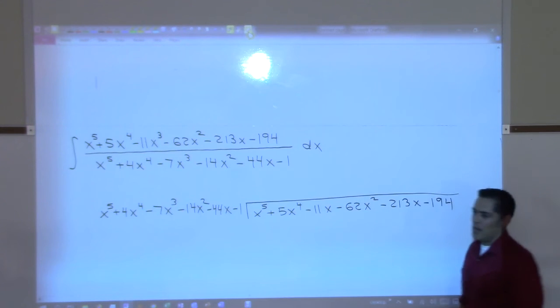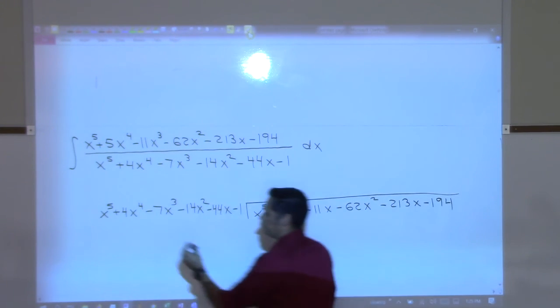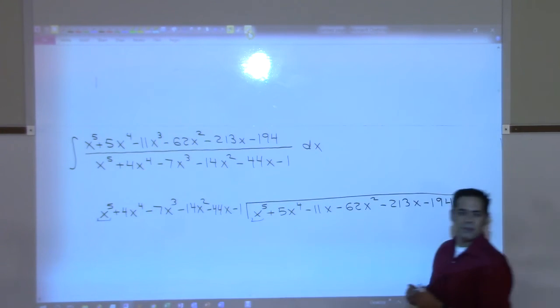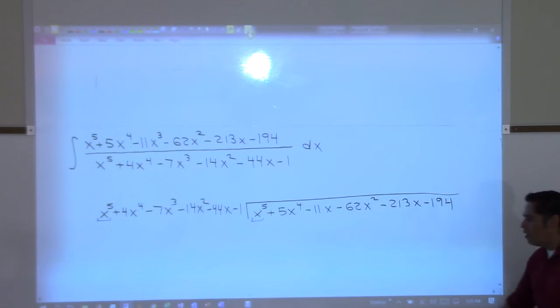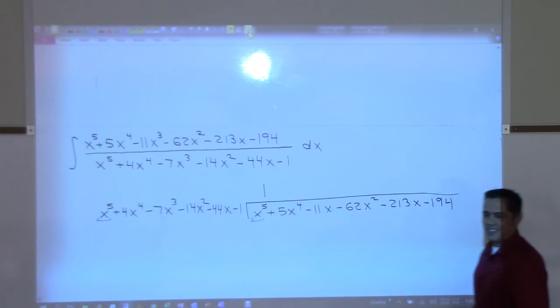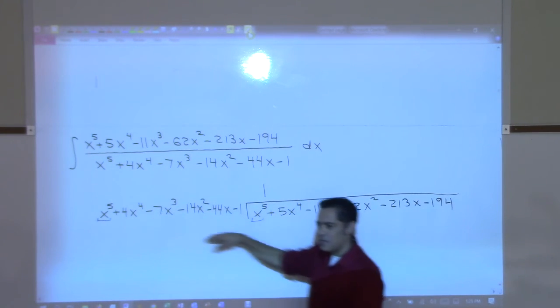Now we have to figure out what we multiply x to the 5th by to get x to the 5th. 1, right? So we'll multiply by 1. I made it a real nice number there. 1 times this goes underneath.